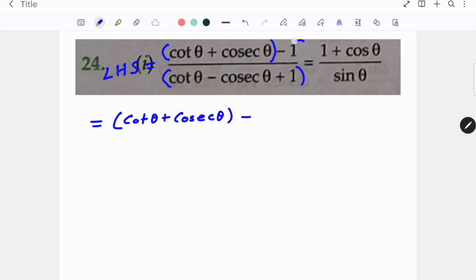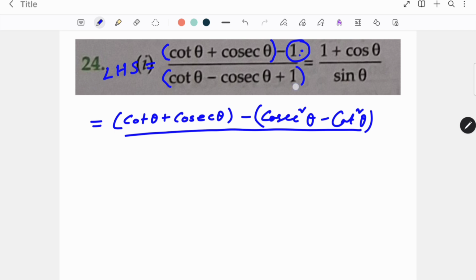In this one we will split. We know cosec square theta minus cot square theta is equal to 1. So we will write in place of this 1, cosec square theta minus cot square theta, because we know the value of this is 1. The down one will not split.